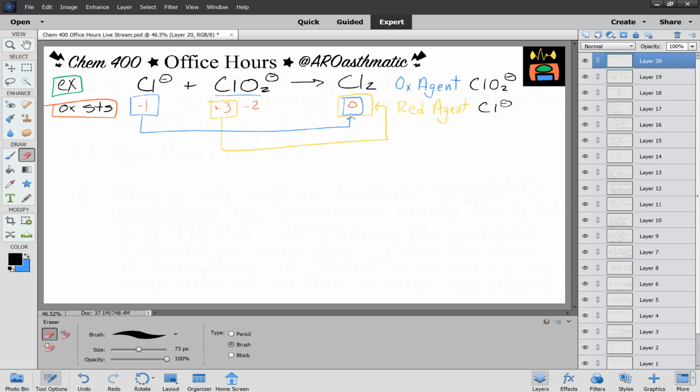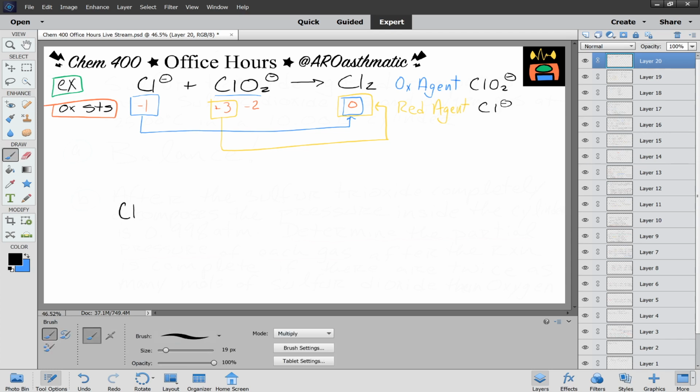So first off, we have chlorite becoming chlorine, and then we have chloride becoming chlorine.